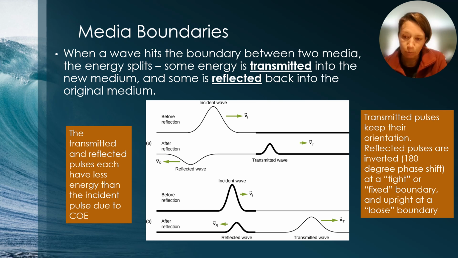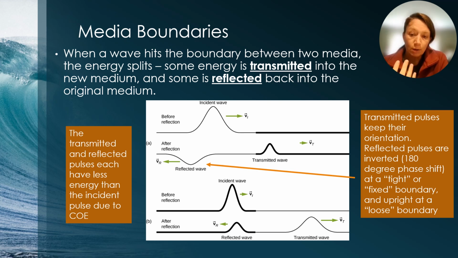However, the reflected portion of the wave is sometimes reflected upright or in the same orientation, and it's sometimes reflected inverted or upside down. That is also sometimes described as a phase shift of 180 degrees, right? Kind of flip-flopping its orientation.